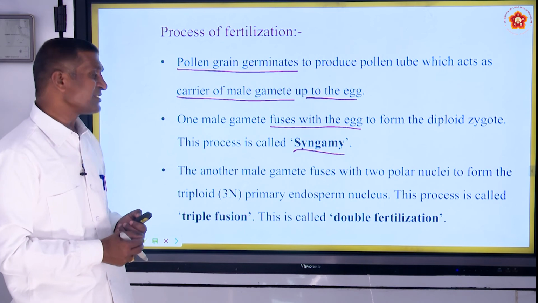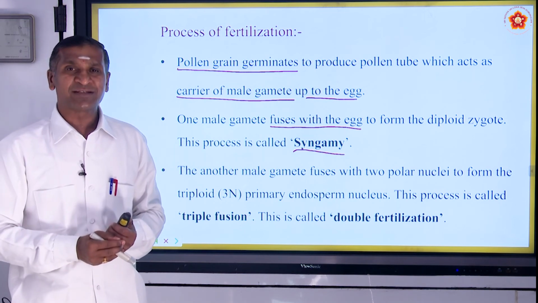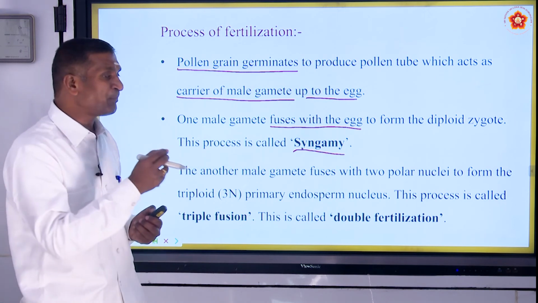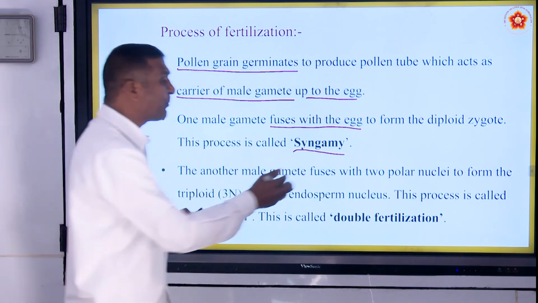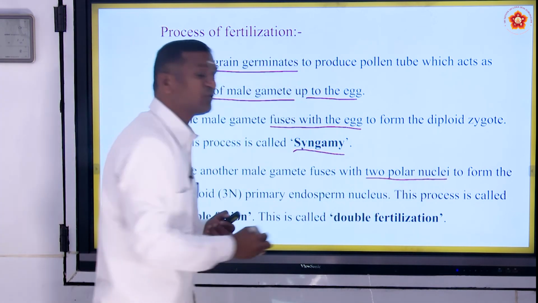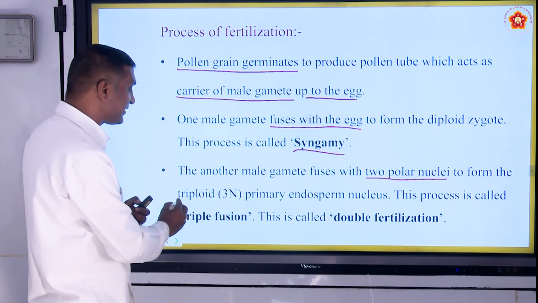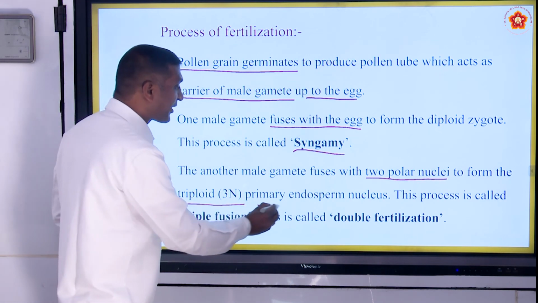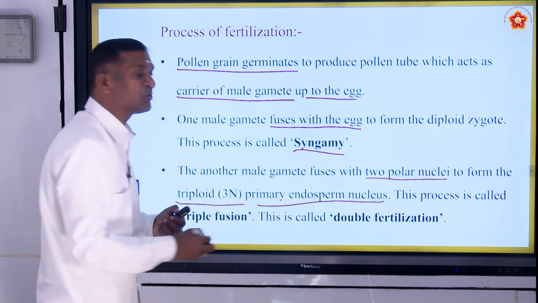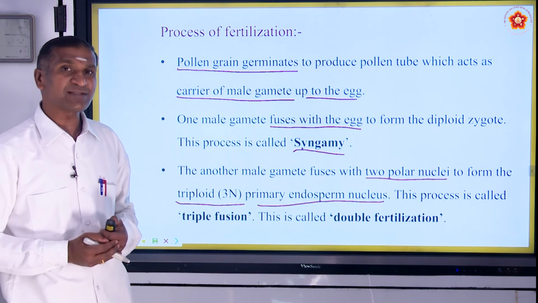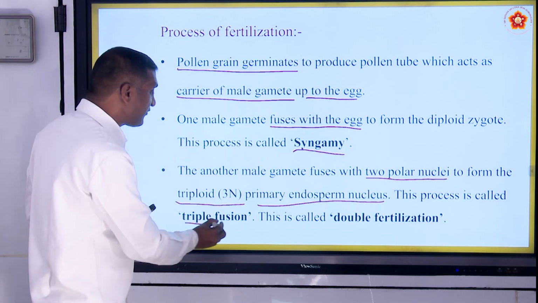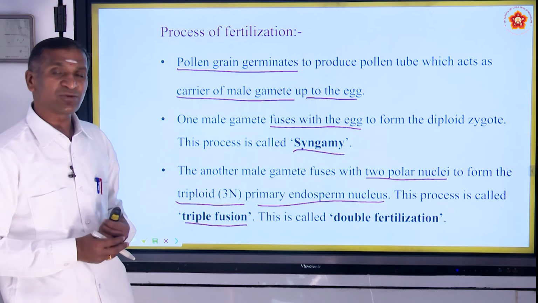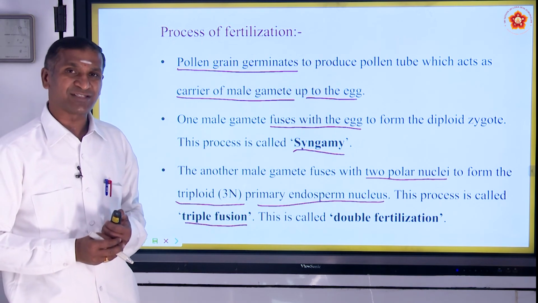The third point, another male gamete fuses with the two polar nuclei to form a triploid, 3N, primary endosperm nucleus, and this process is called triple fusion. It is also referred to as double fertilization.